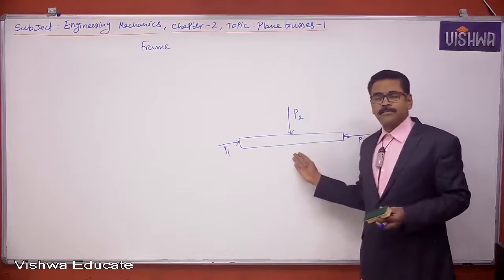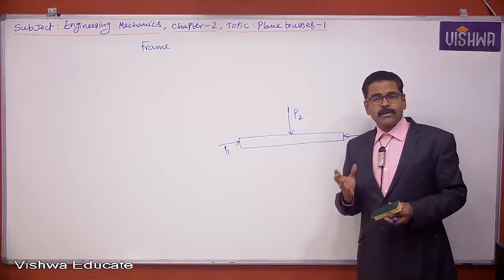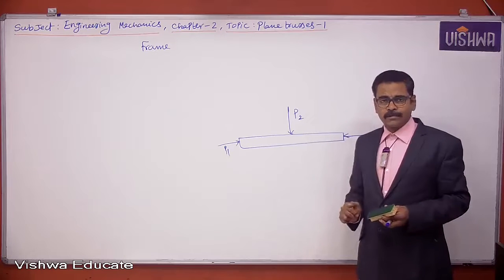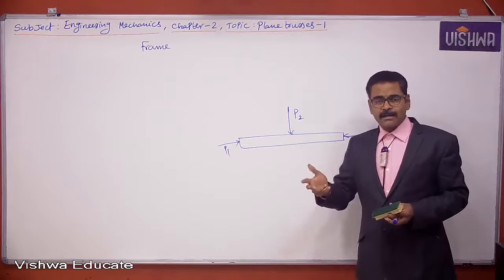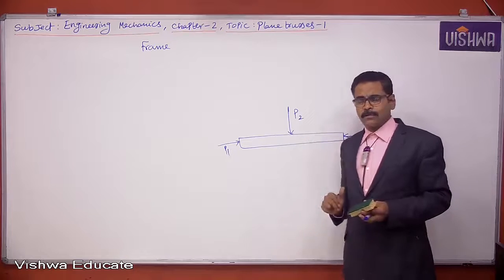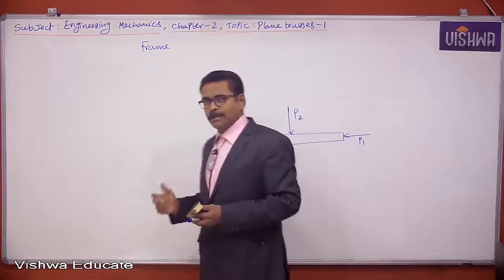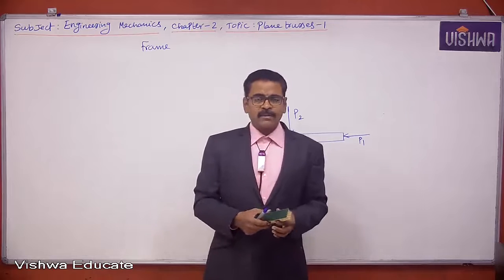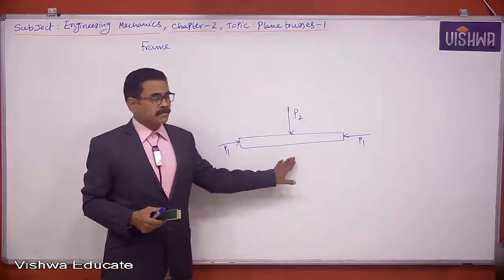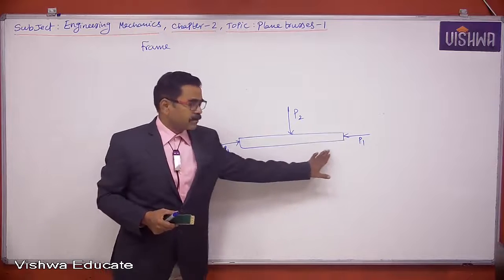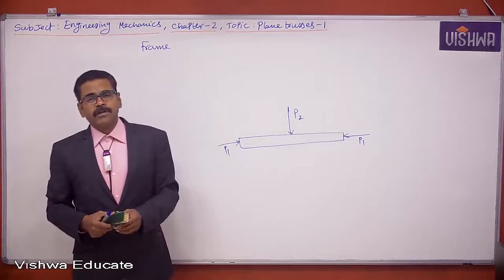So this is an example of a beam column. Usually beams carry transverse loads, bars carry axial load. If any element carries both axial load and transverse load, that element is called a beam column, right? So in a frame, some elements could be bar elements, some elements could be beam columns like this. Please copy this. This is a beam column. It is an example of a beam column.